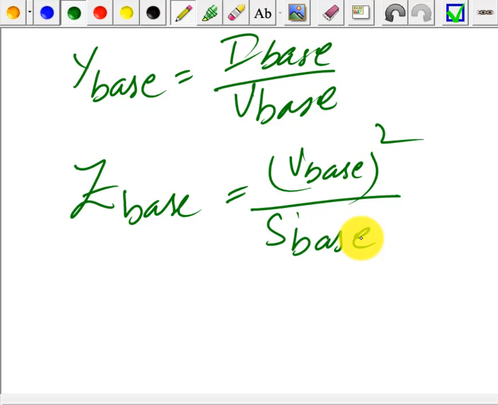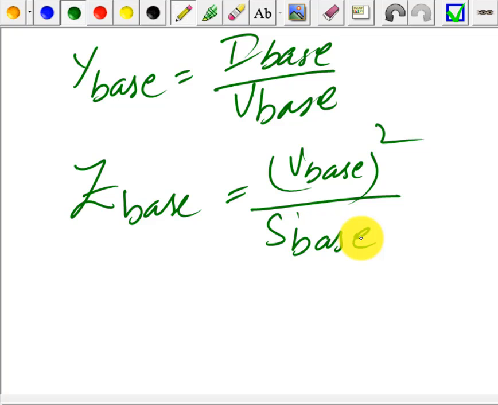On the other hand, voltage changes when it goes through a transformer. So the value of V base changes at every transformer. If we have more than one transformer, the base voltage will be different for each transformer, because it totally depends upon the turns ratio of the transformer.